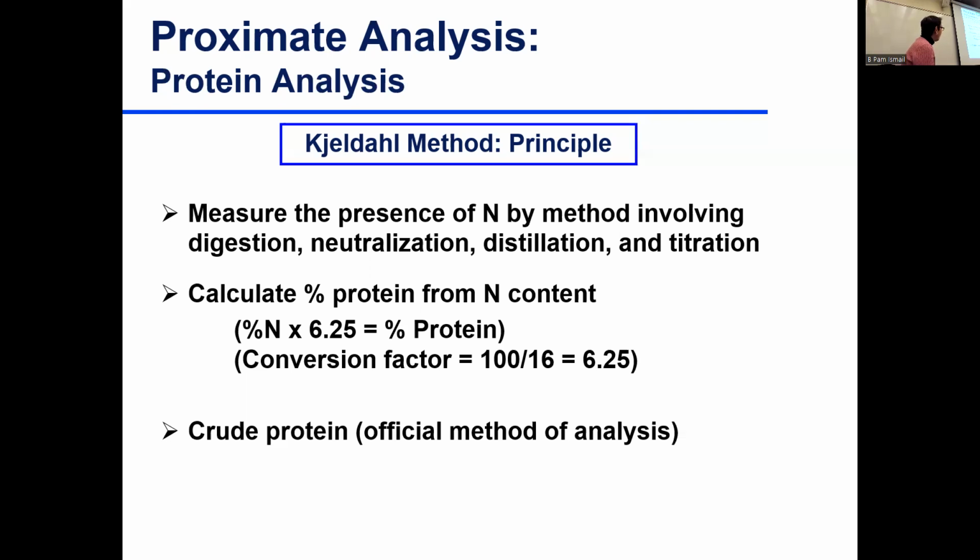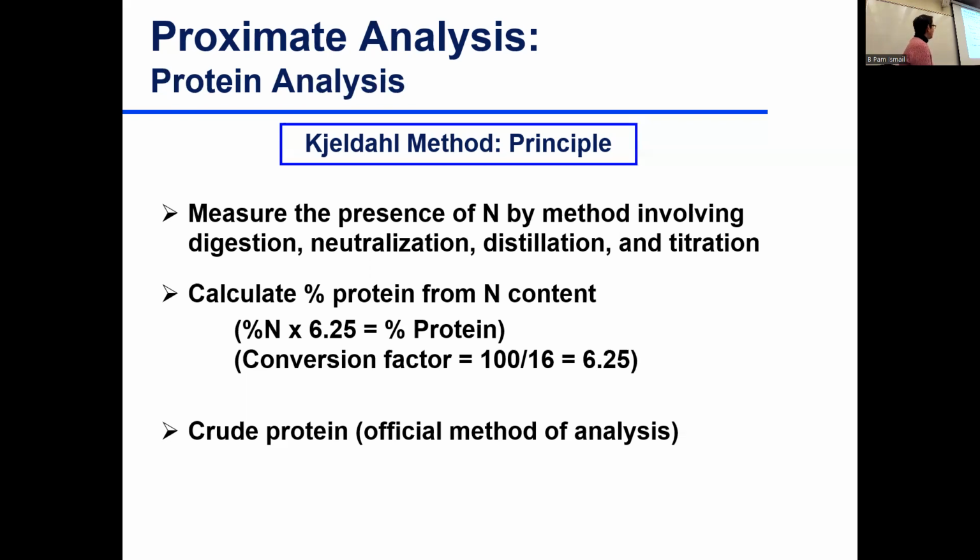Okay, so it's based on determination of nitrogen content, and it has 3 major steps. You're going to learn this by heart, because I'm going to ask this in the final. I guarantee you're going to get that question. What are the 3 major chemical reactions in Kjeldahl?